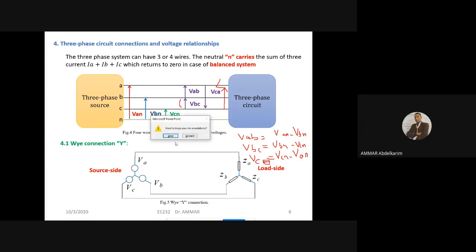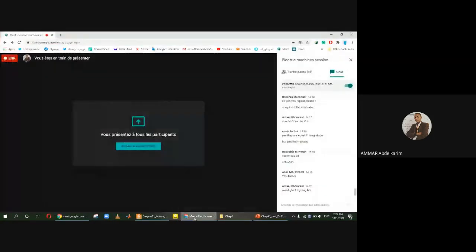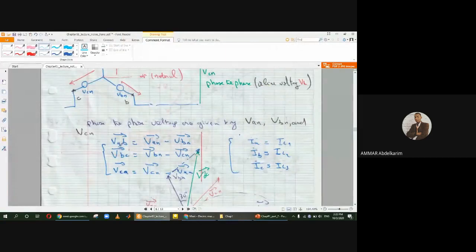So let's see what we have done in the class. Here VAB equals VAN minus VBN, VBC equals VBN minus VCN, and VCA equals VCN minus VAN. So always we take those letters AB, BC, CA.